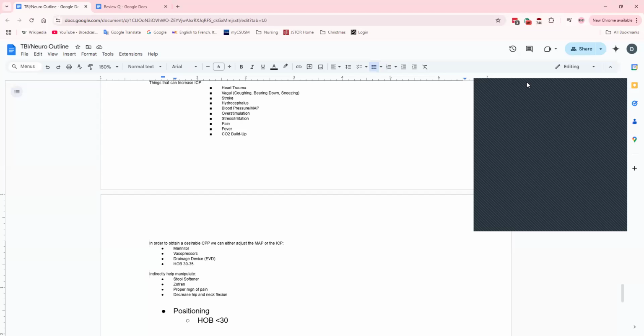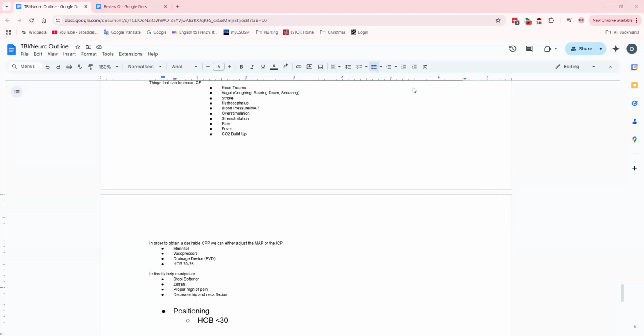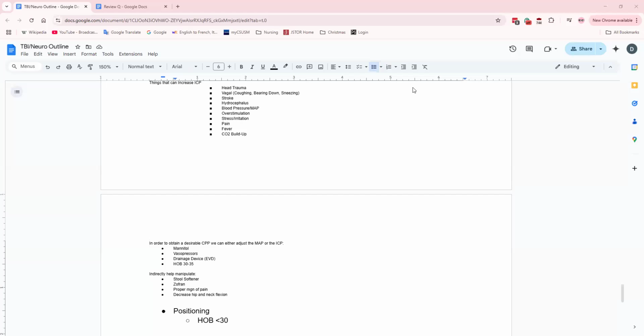Ooh, I'm lagging. Oh, there's like a black box there. Let me fix that. Kaylin calling it the auditory meatus, like the first semester students telling their patient they're gonna put the Foley in the urinary meatus.